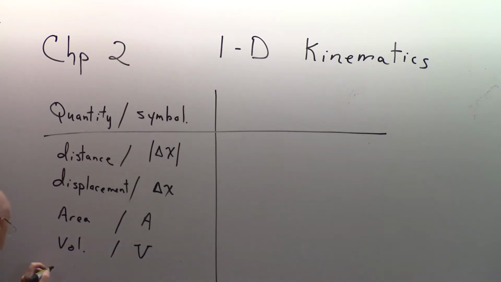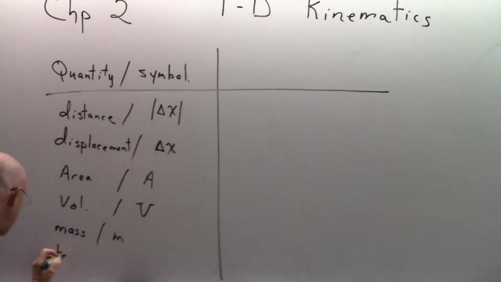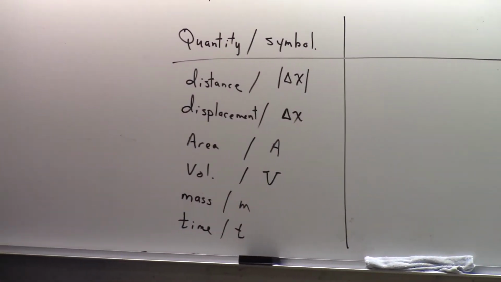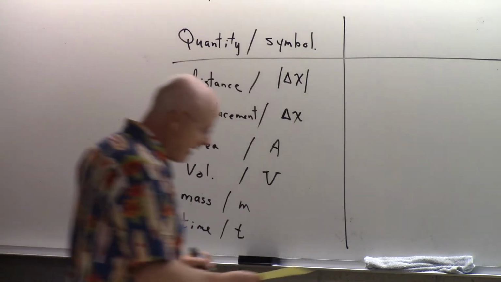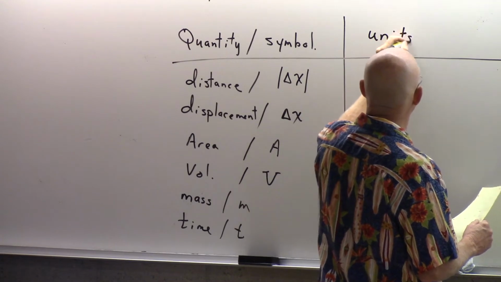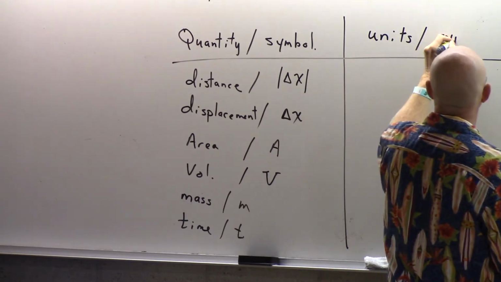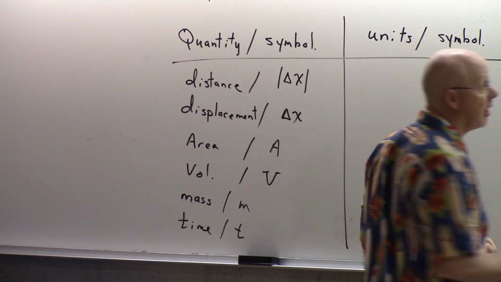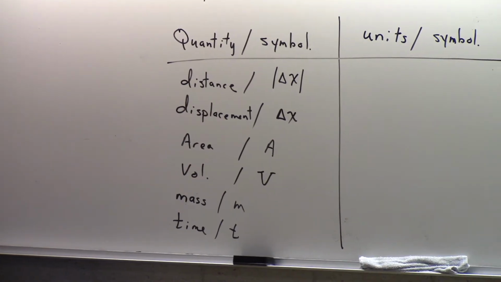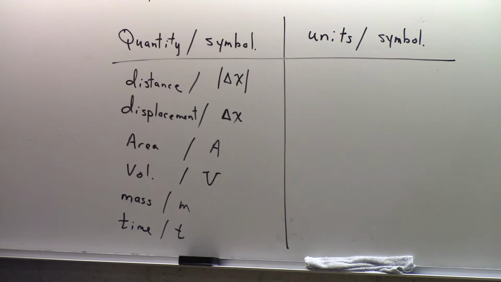Now, we also had on here mass and time. And on the other side, of course, was the units to measure them. And the symbols. Let me not fill in this chart, but I want to continue now for today.